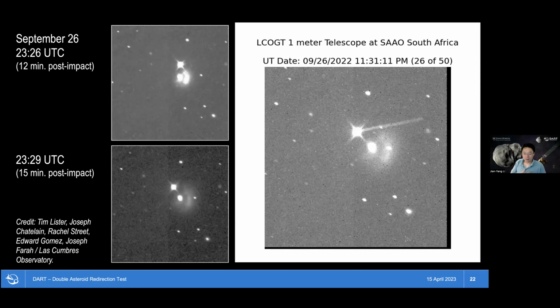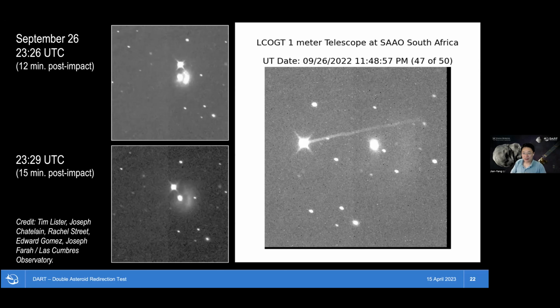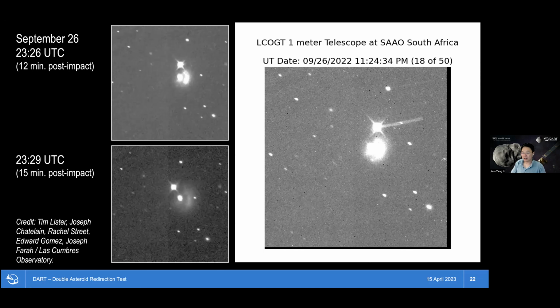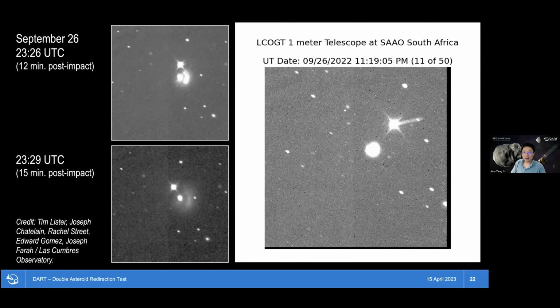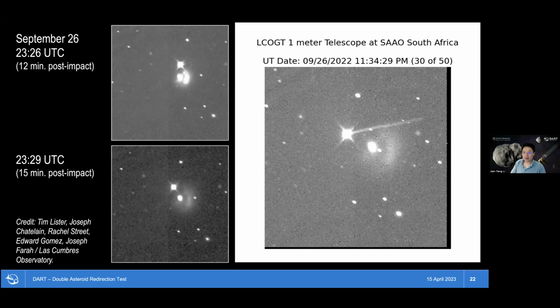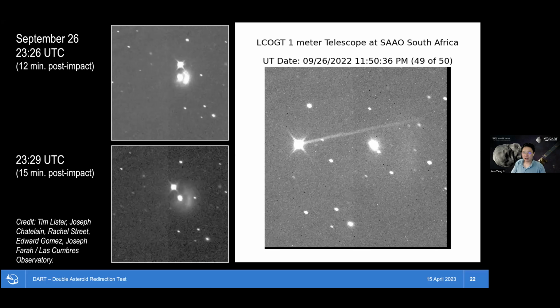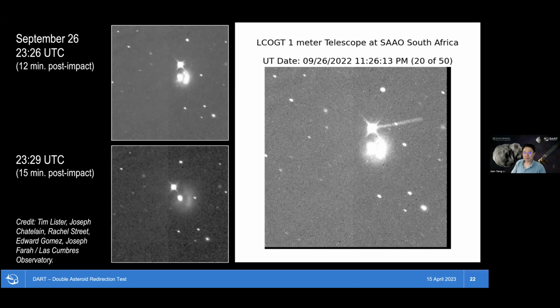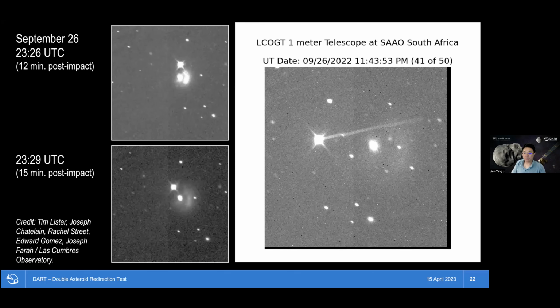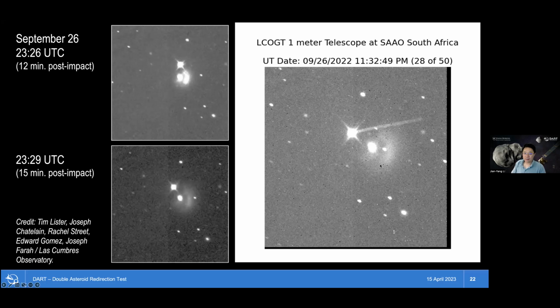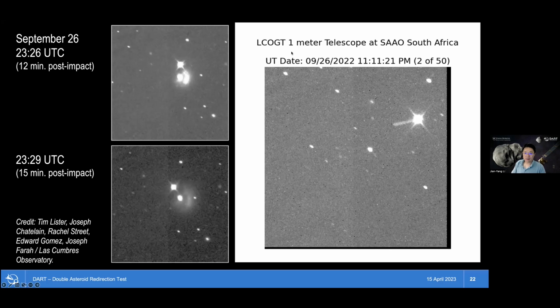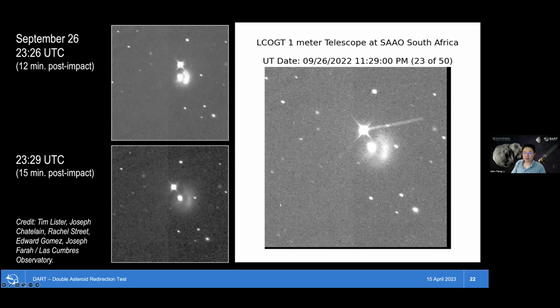Okay, now let's back up, back to Earth and see what Earth-based and space telescopes observed for the ejecta. This sequence is taken within half an hour following the impact. And this is from LCOGT, in South Africa.